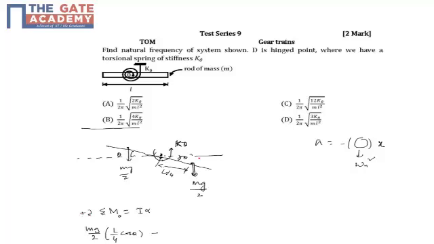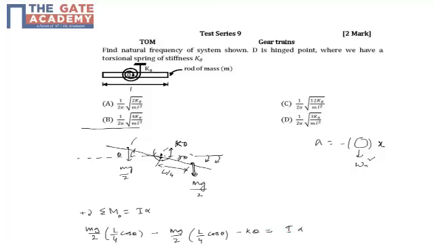The direction of theta is in this way, so alpha I also assume in this way, and that's why I'm taking moments in that way. So minus mg by 2, again times L by 4 cos theta. And this k theta is also resisting, so minus k theta equals I alpha.